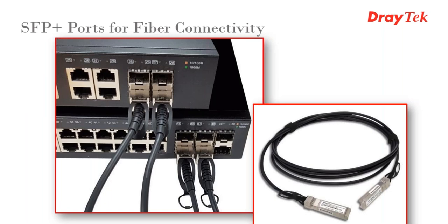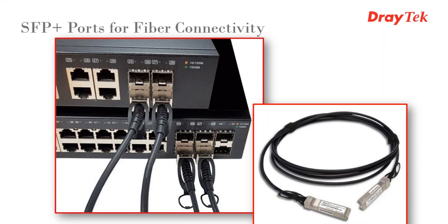Ten gigabit Ethernet uses two types of link, which are RJ45 or SFP+. Out of these two, DrayTek uses SFP+ for 10 gigabit connection. DrayTek provides 10 gigabit capable fiber SFP ports for aggregation or uplinking to core switches.